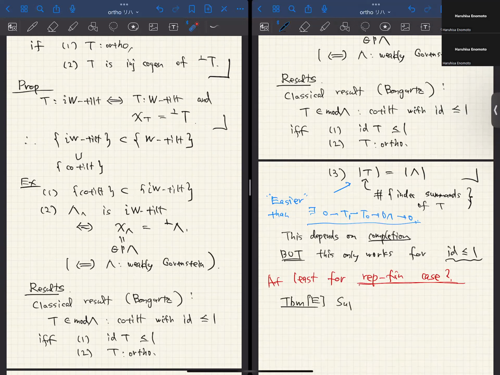Suppose lambda is representation finite, so there are only finitely many indecomposable modules. Then the first thing is that we can have a completion for any orthogonal module.